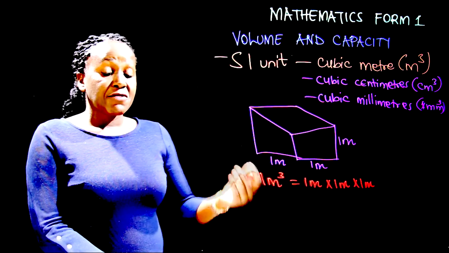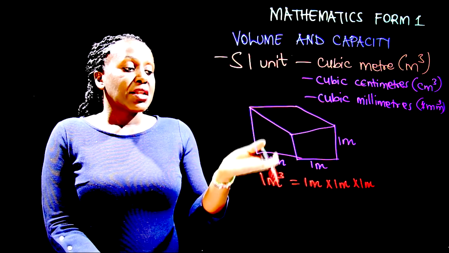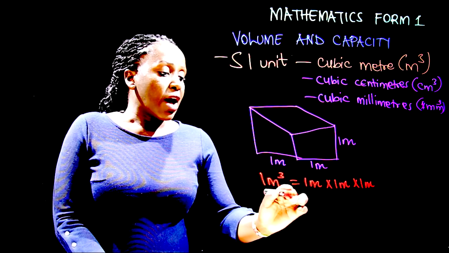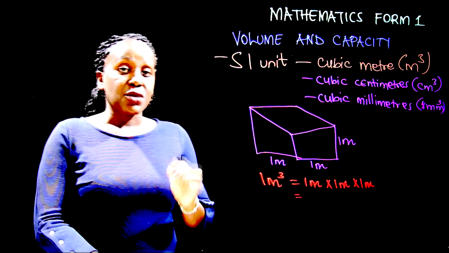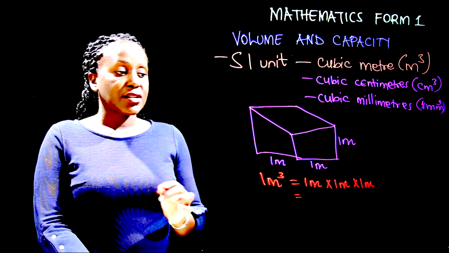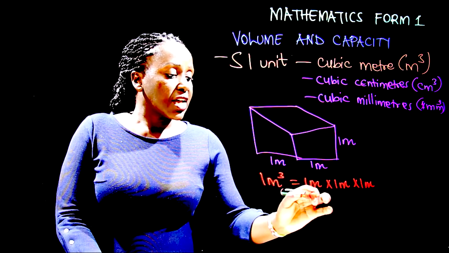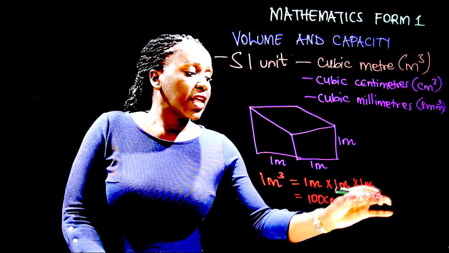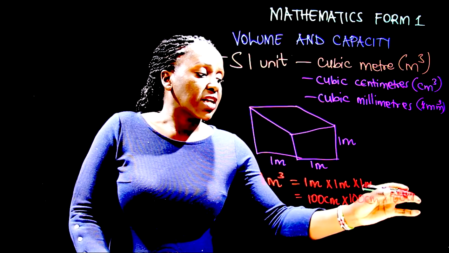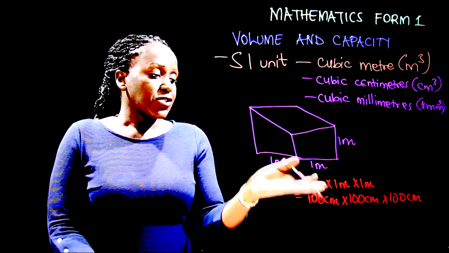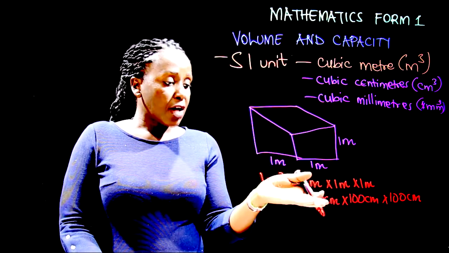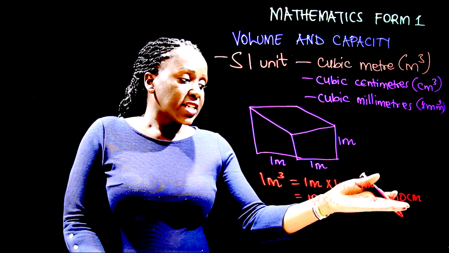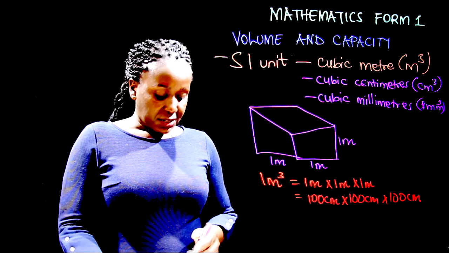Now I want us to derive the relationship between meters cubed and centimeters cubed. 1 meter is equivalent to how many centimeters? 100 centimeters. So if you use centimeters to represent the meter, you will have 100 centimeters times 100 centimeters times 100 centimeters.